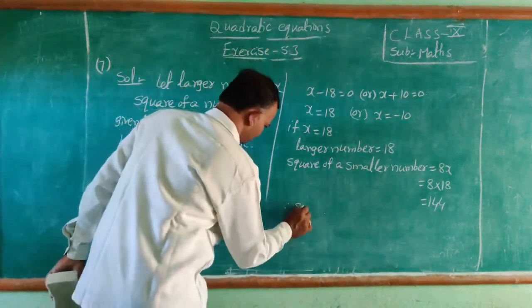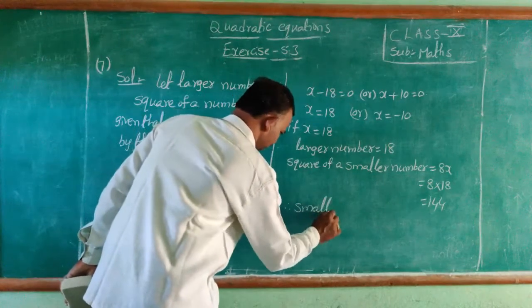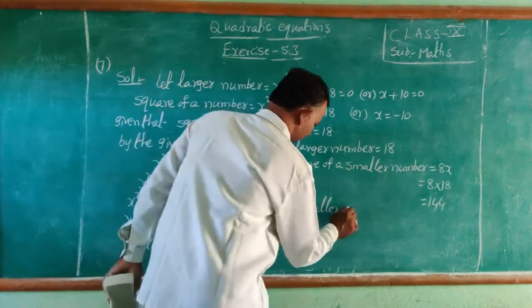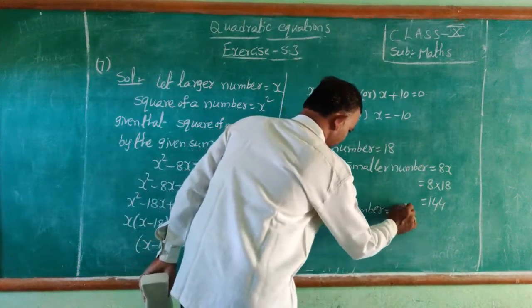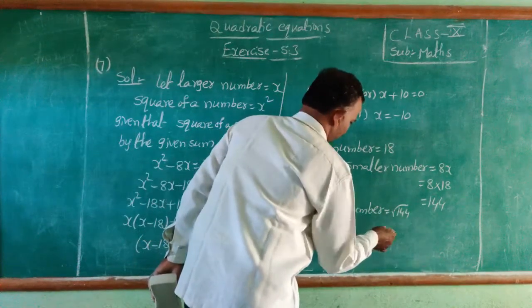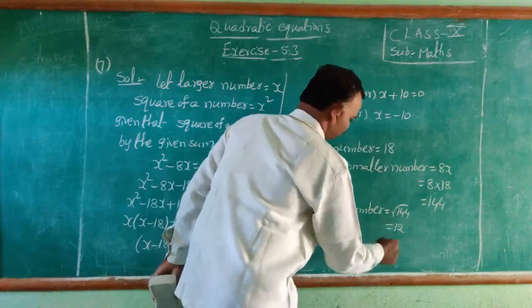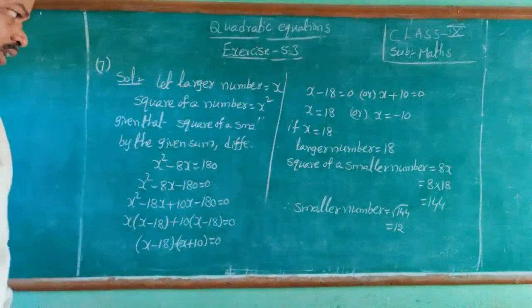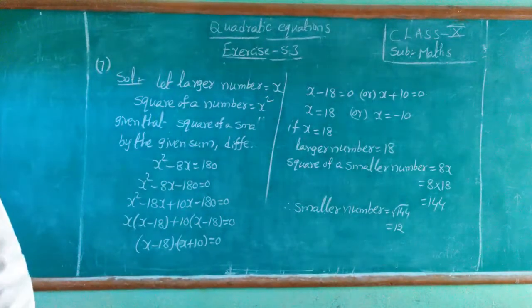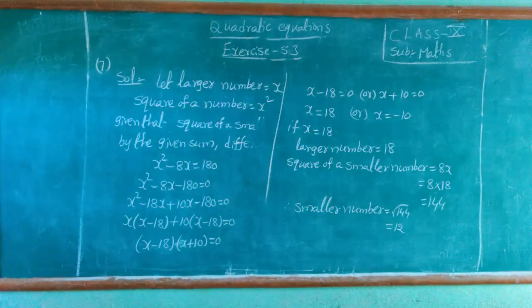Therefore, the smaller number is equal to root of 144. That is equal to 12.